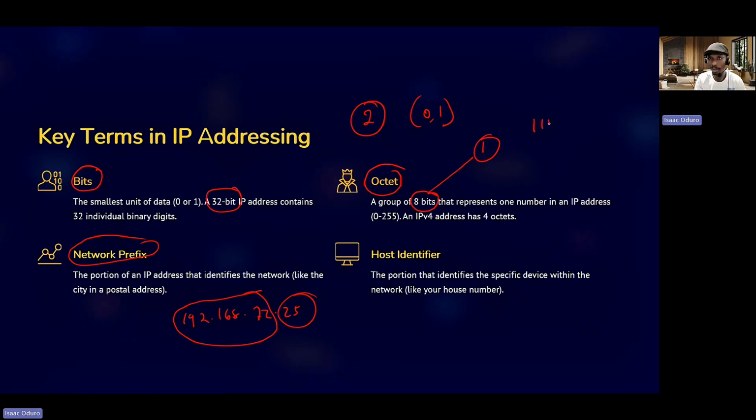So if I have 1, 1, 1, 1, 1, 1, 1, 1, that is 1, 2, 3, 4, 5, 6, 7, 8. So if we have 8 bits, we call it an octet.